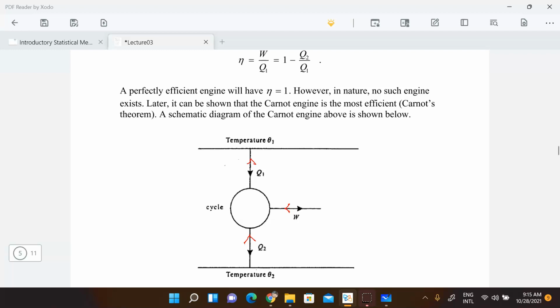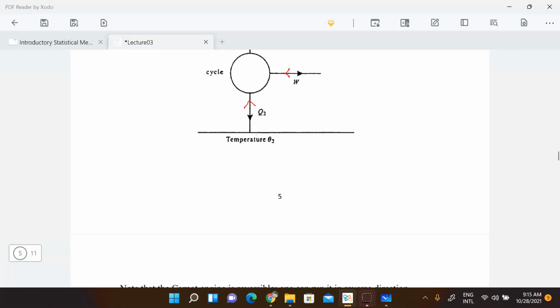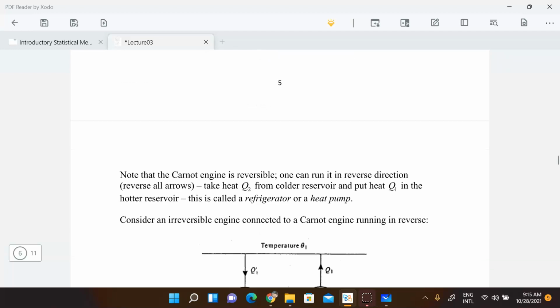So this is precisely what we mentioned before. When you reverse this, this is really what we call a refrigerator. Essentially that's how our fridge works, or sometimes it's called a heat pump.